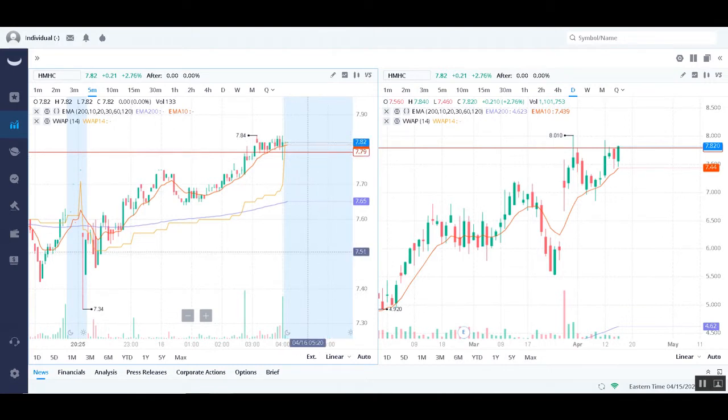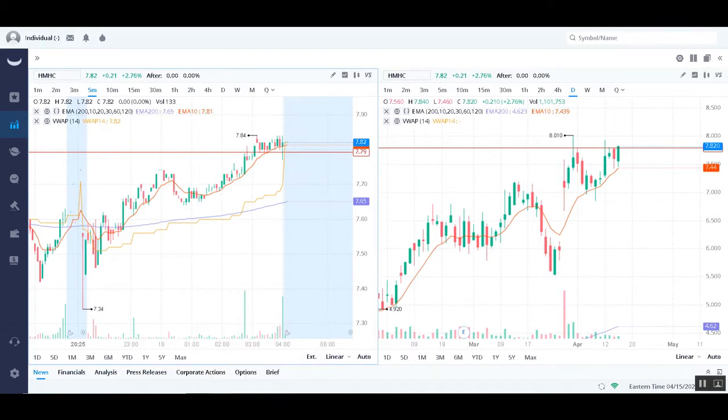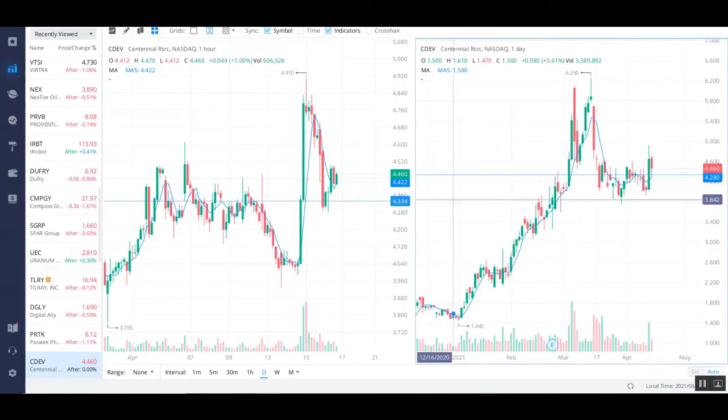The other setup that I normally look for is weakness, where 2 days ago the market breaks out, and yesterday there's not enough momentum and the market pulls back. Let me show you another chart where I will look for this setup. 2 days ago the market breaks out with pretty high volume at 18 million, and yesterday the market did a weak pullback with trading volume about 7 million.